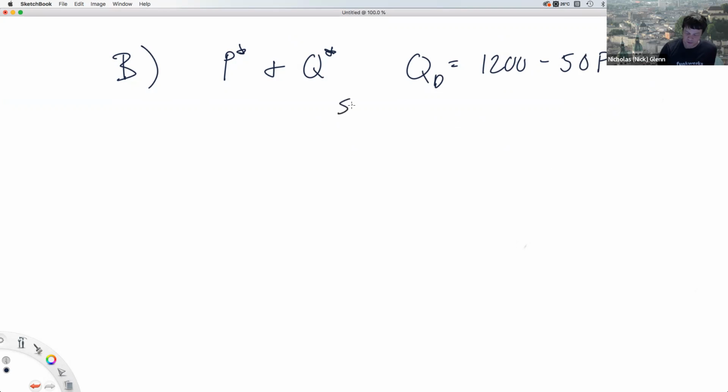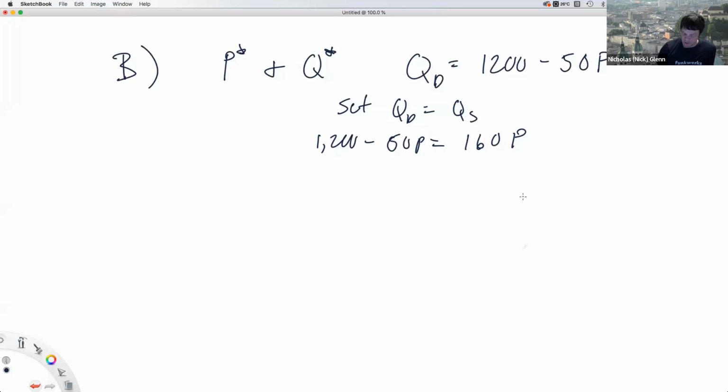Okay. And so to get the equilibrium price and quantity, we just set the market demand equal to the market supply. Market demand is 1200 minus 50p. This is going to be equal to the market supply, which we just determined was 160p. Okay.